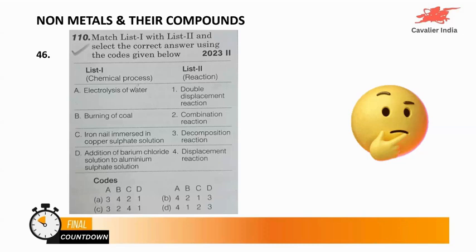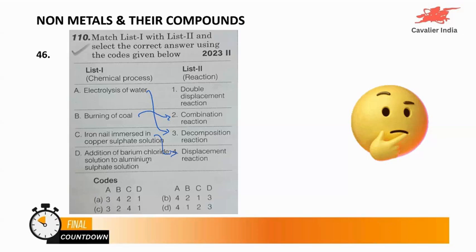Electrolysis of water is an example of what? When electricity is passed, H2O splits into hydrogen and oxygen. It is an example of electrolytic decomposition reaction. Burning of coal is a combination reaction. Iron nail immersed in copper sulfate: since iron is more reactive than copper, iron will displace copper from copper sulfate solution, so it is a displacement reaction.